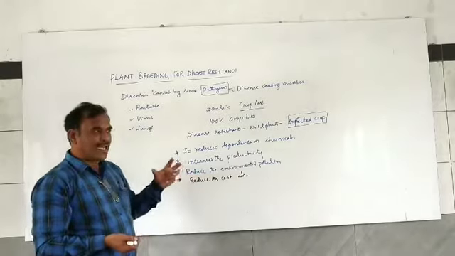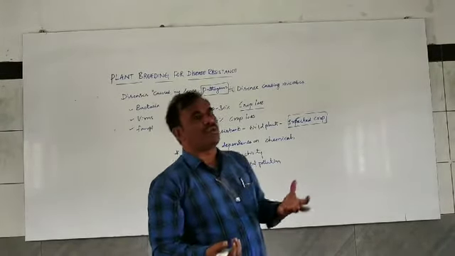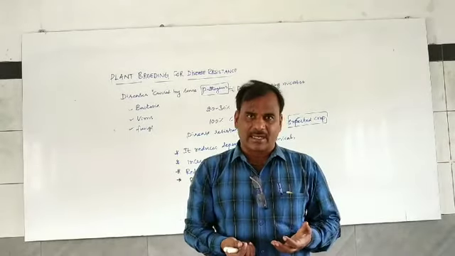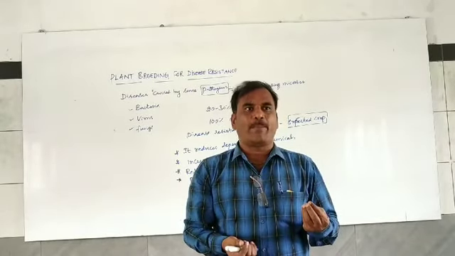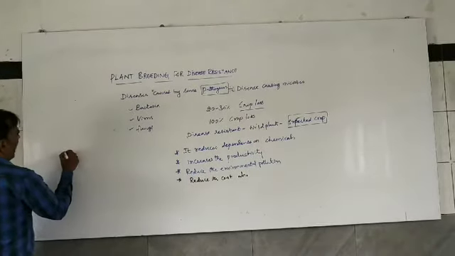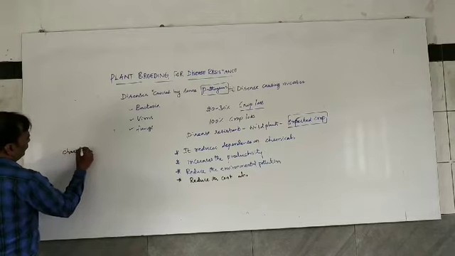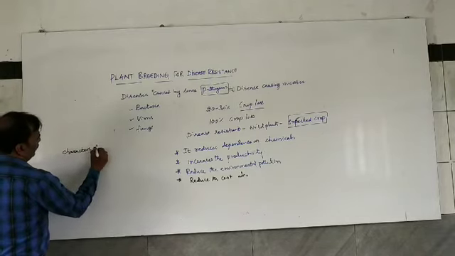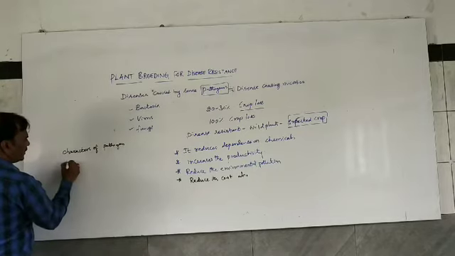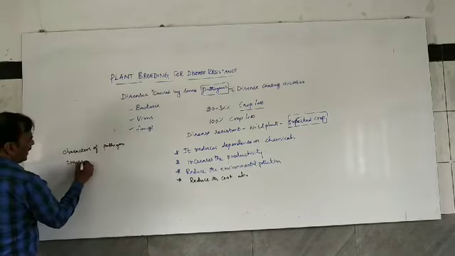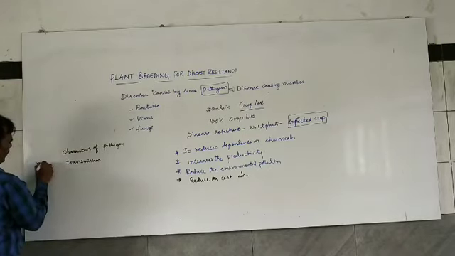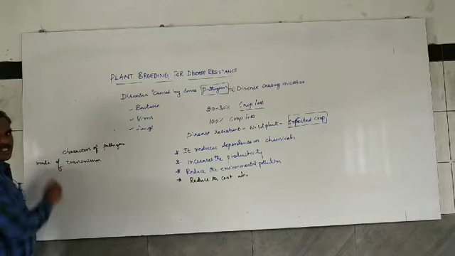So what is the main requirement for the development of a new variety for plant disease resistance? We need to know about the characters of the pathogen, and how these pathogens get transmitted, the mode of transmission.